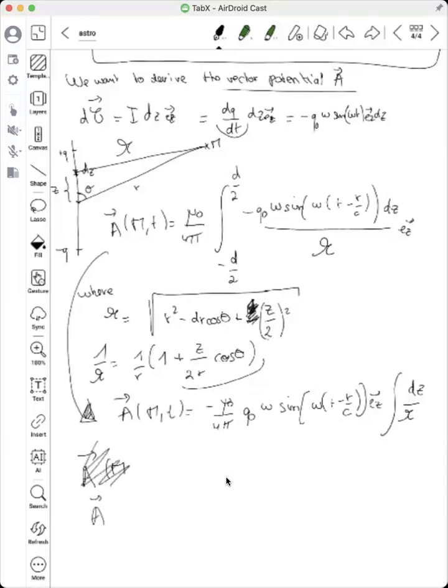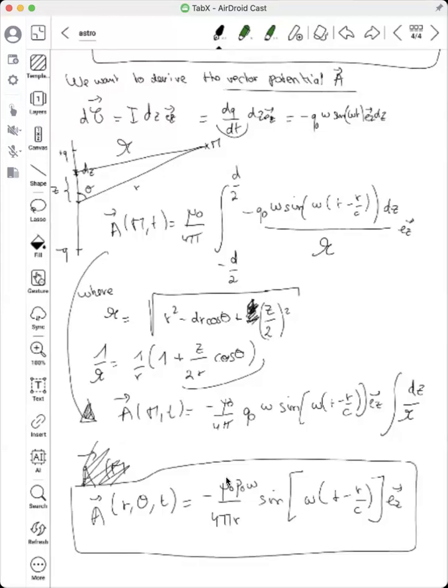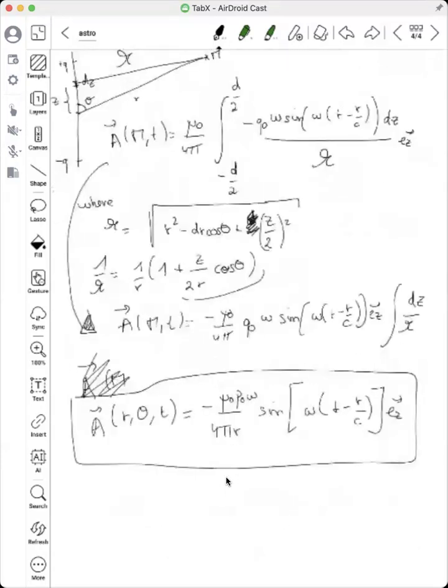So the vector potential of R, theta, and T is equal to minus mu 0 over 4 pi R P0 omega sinus omega T minus R over C Ez. Okay? So this is the expression of the vector potential. It was easier than for V.